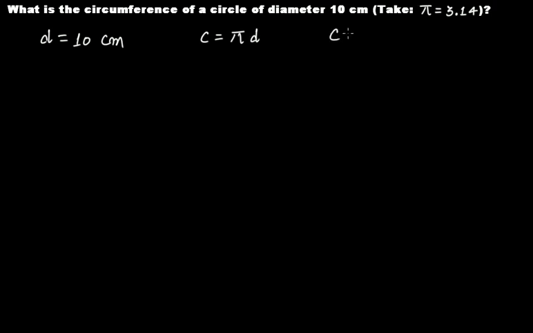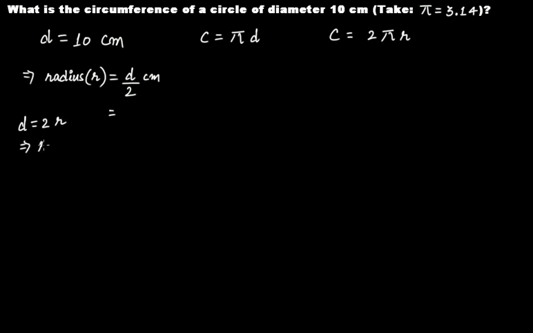Or C is equal to 2 times pi r, that is radius. So if d is equal to 10 centimeter, that means your radius r will come as d divided by 2 centimeter. And why? Because diameter is 2 times of r.